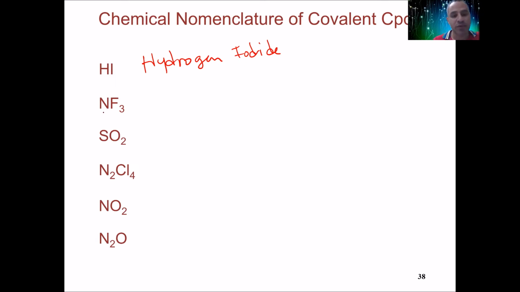Second example, however, we start again with the element further to the left, which is in this case nitrogen, followed by the other element, which is fluoride with IDE at the end.